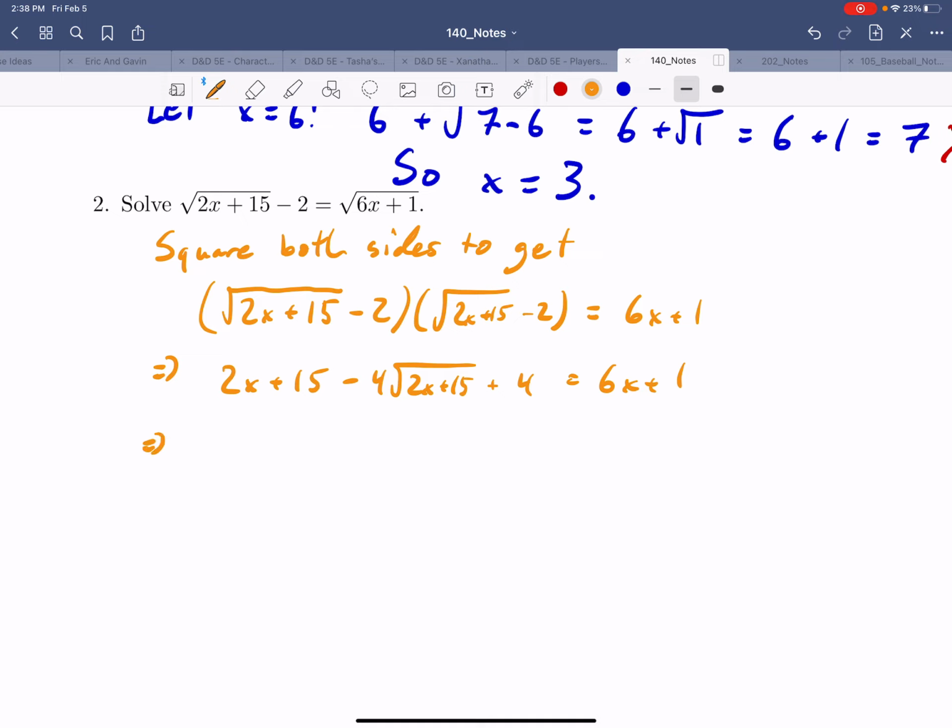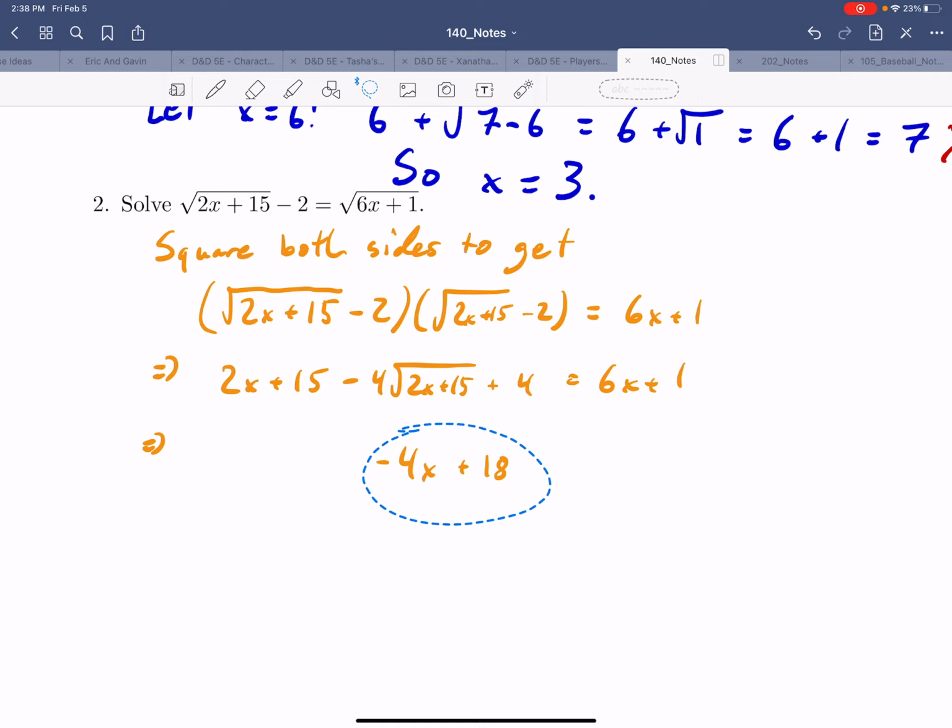So what we're going to do right here, let's add 4 radical 2x plus 15 to both sides and subtract the 6x plus 1 over to the left side, okay? So we're going to get negative 4x plus 14 plus 4. So I guess we're just going to say plus 18, right?